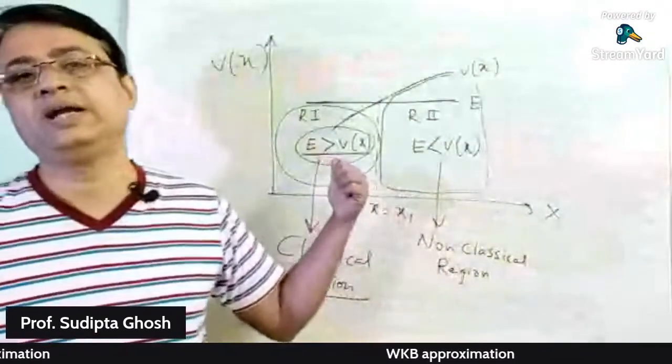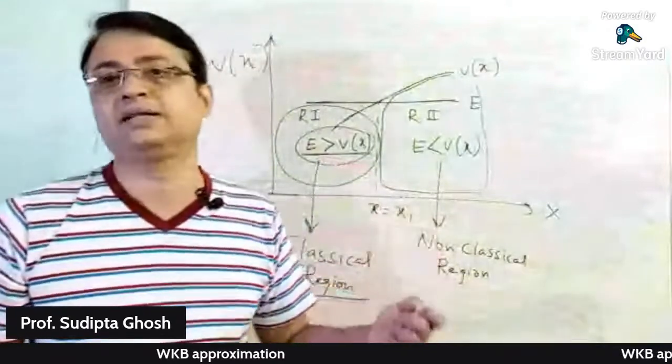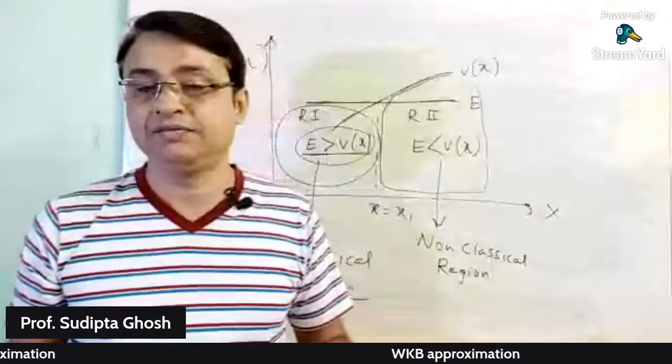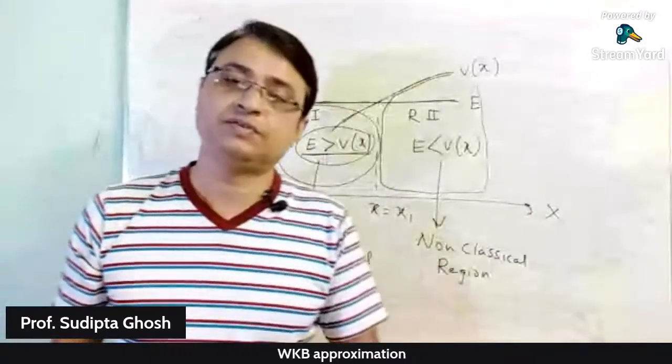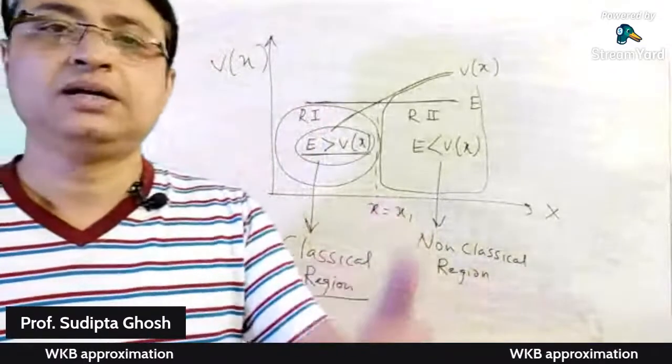One is when E is greater than Vx, that is, the energy of the particle is greater than the potential energy of the region, and the other is E less than Vx, in which the energy of the particle is less than the potential energy of the region.